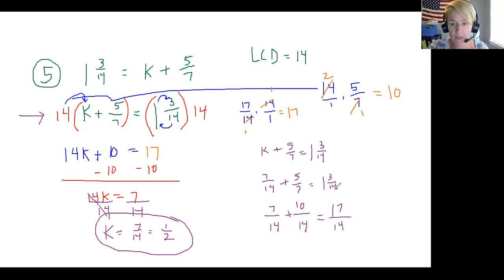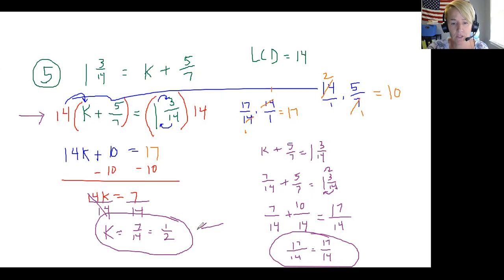And if you want to know how I did that, I just turned this into an improper fraction. 14 times 1 is 14, plus 3 is 17. If you need me to draw a picture of this or you don't understand it, please tell me. 7 plus 10 is 17/14 equals 17/14. And this indeed is true.